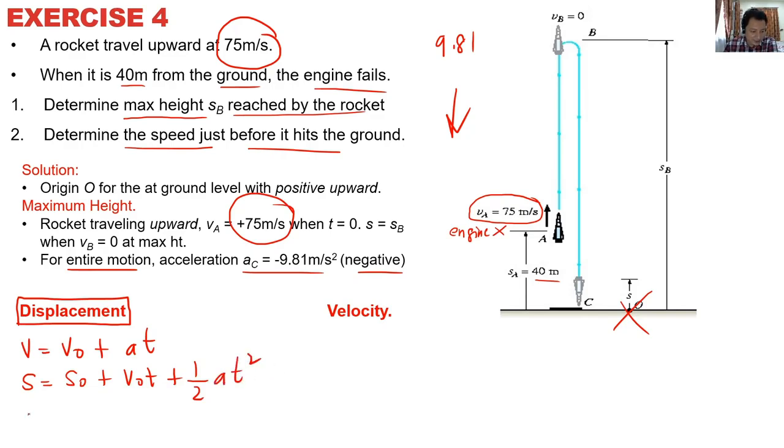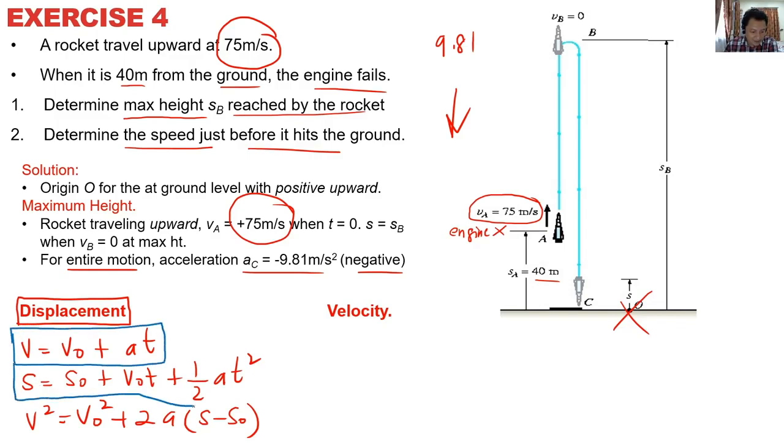And final equation number 3, V squared is equal to V naught squared plus 2A(S minus S naught). If you don't remember these yet, you can look at the handouts or your formulas, or you can memorize them.